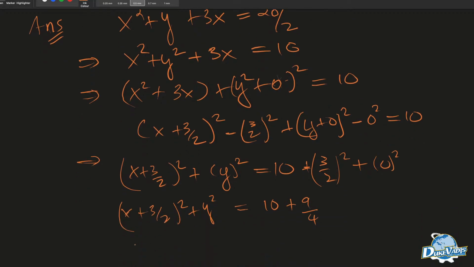Okay, so here is where we concentrate that. Okay, so LCM, we have 4 here. 4 goes here, 1 to 9, and that is 40 plus 9. And so this will be 49 over 4.